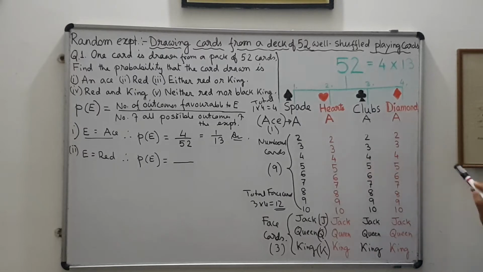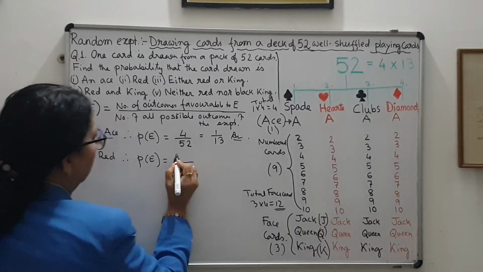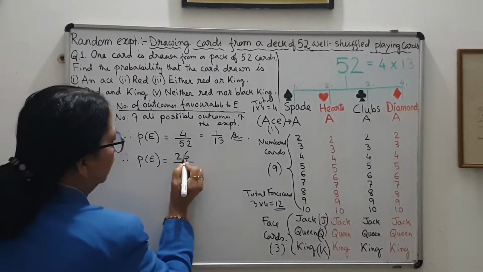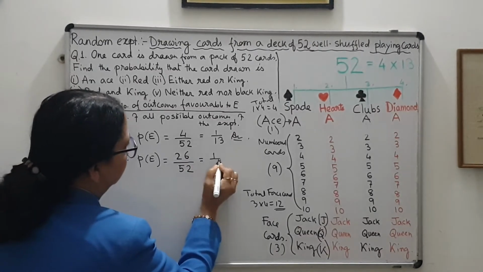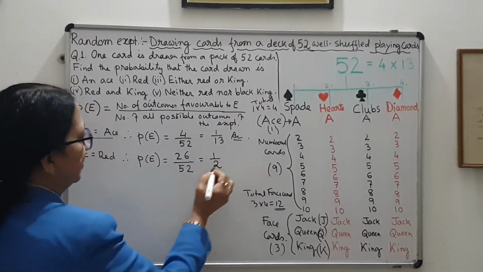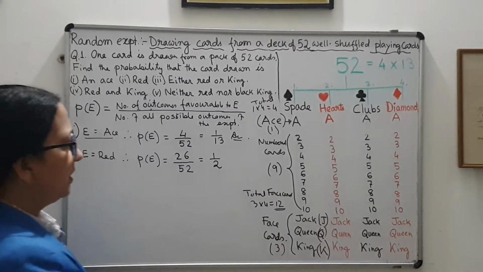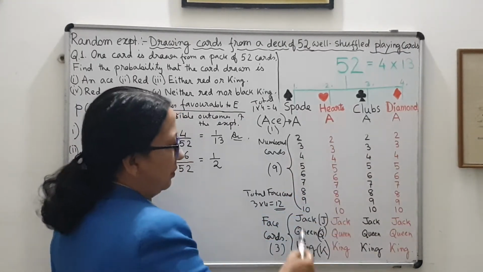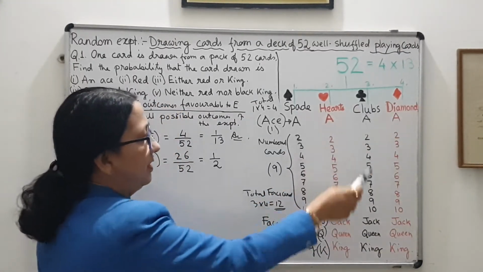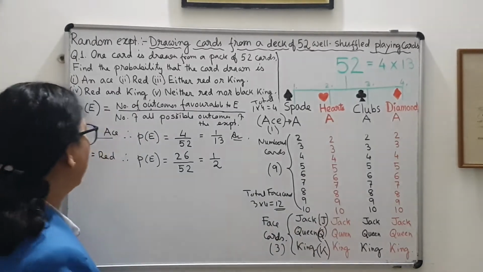So 13 plus 13 is 26. So 26 is the favorable outcomes and the total is always 52. So it is half. This is the answer. These all possible outcomes, always 52, are also known as the sample space, as I've told you.